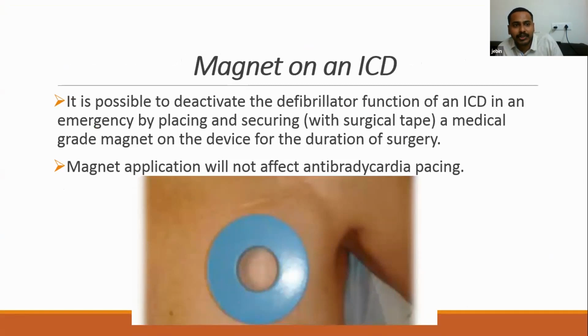Magnet on AICD. It is possible to deactivate the defibrillation function of the AICD in emergency situations by placing and securing a medical-grade magnet on the device for the duration of the surgery. Magnet application will not affect anti-bradycardia pacing.